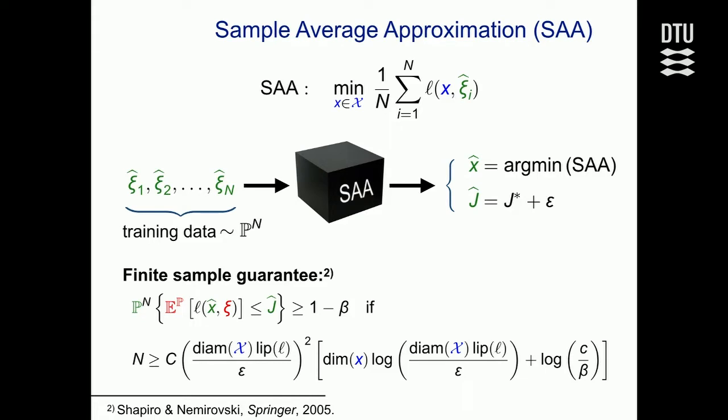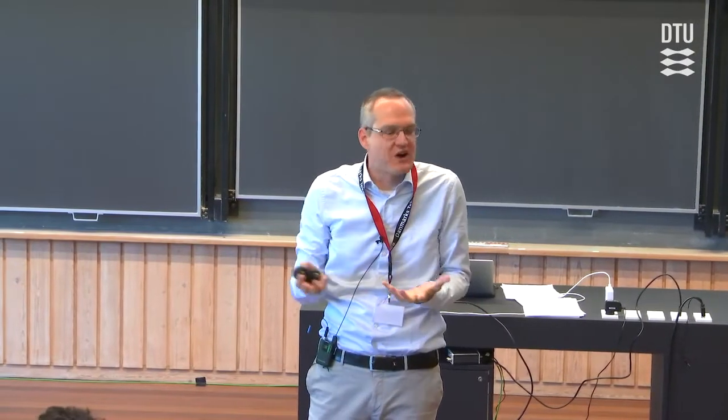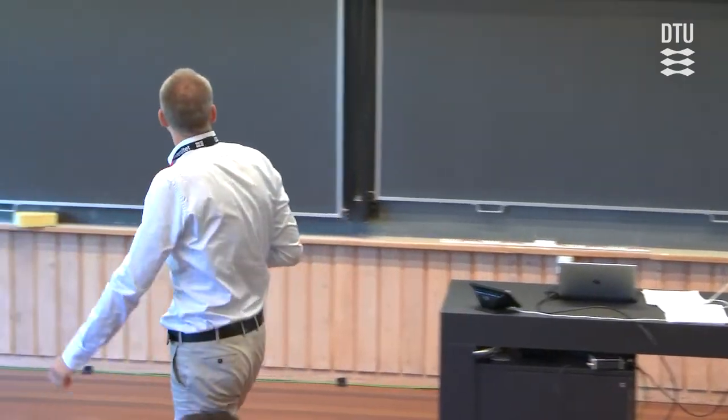So the optimization problem itself depends on the training samples. Clearly, then, the solution of this problem is a function of the training samples. Okay? That's one possible way how we can construct a candidate decision as a function of the training samples, by solving this thing.